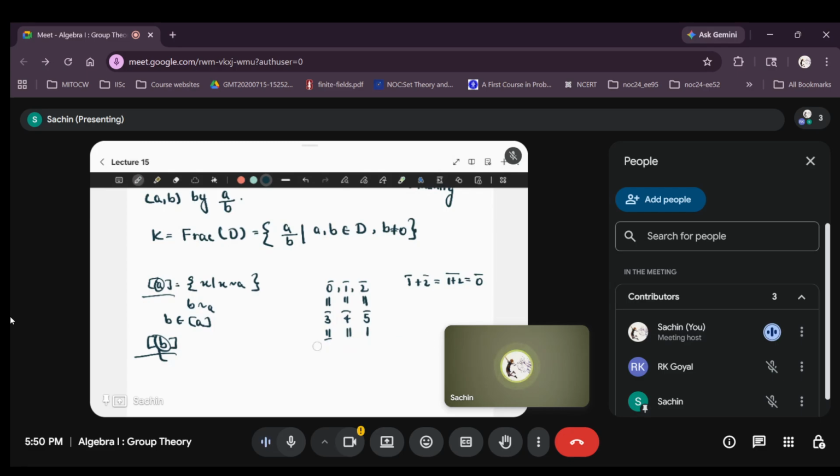In the same way here, when I say half, or A by B, I actually mean the equivalence class containing half. You can also write this as 2 by 4, 3 by 6, 4 by 8, all of them.